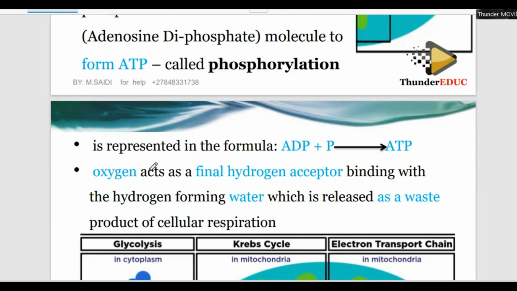Here is the formula which shows how these are being formed. For example, ADP plus inorganic phosphate, you form ATP. Adenosine diphosphate to form adenosine triphosphate. Oxygen acts as the final hydrogen acceptor, as I said, binding with hydrogen, forming a water molecule.